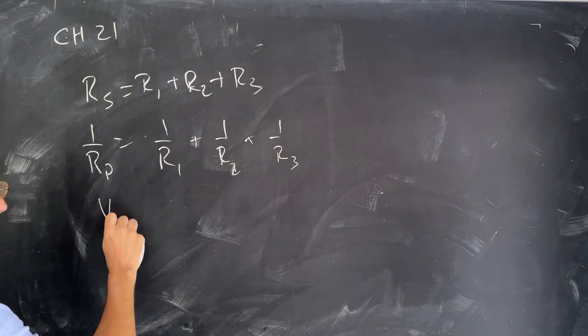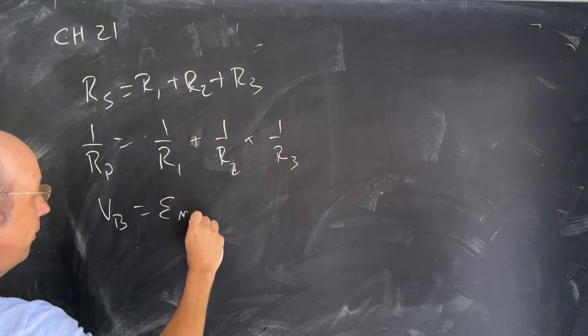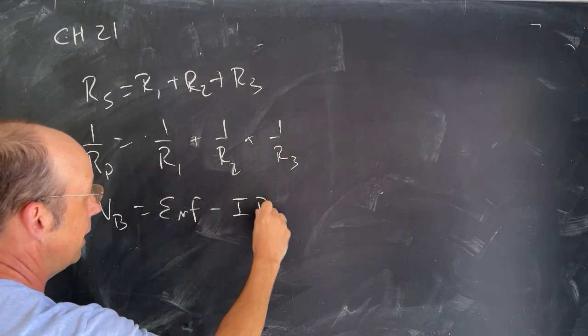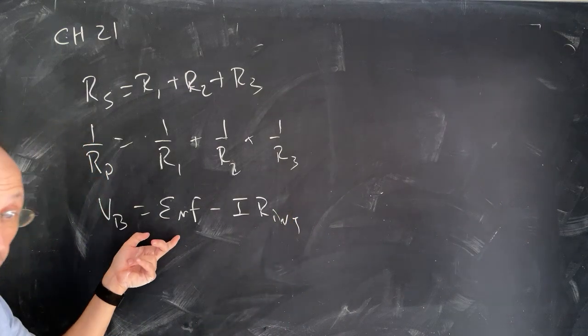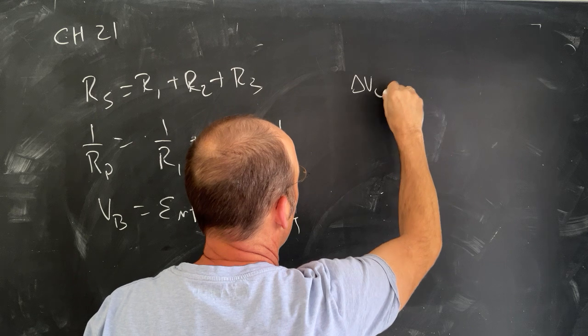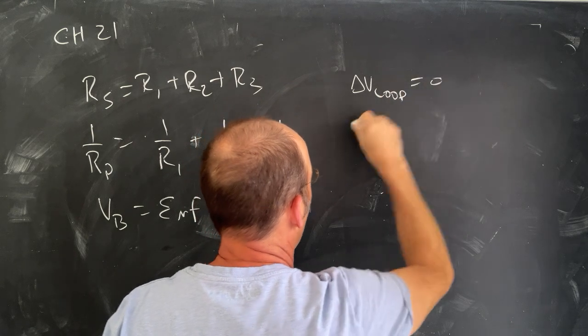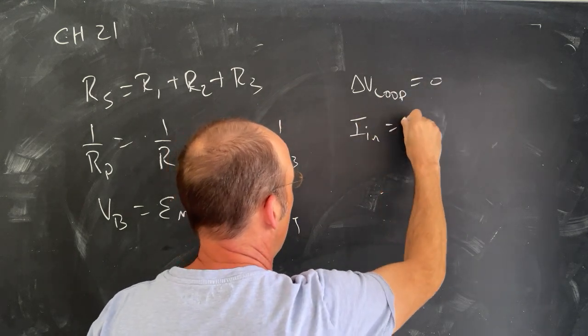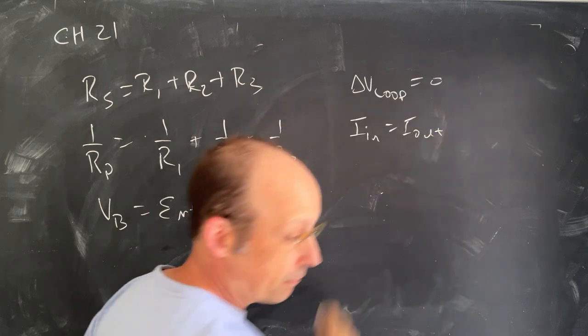The voltage across a battery is EMF minus I times R internal. That's for real batteries. Then we have the loop rule, delta V around a loop is 0. And the junction rule, I in is I out.